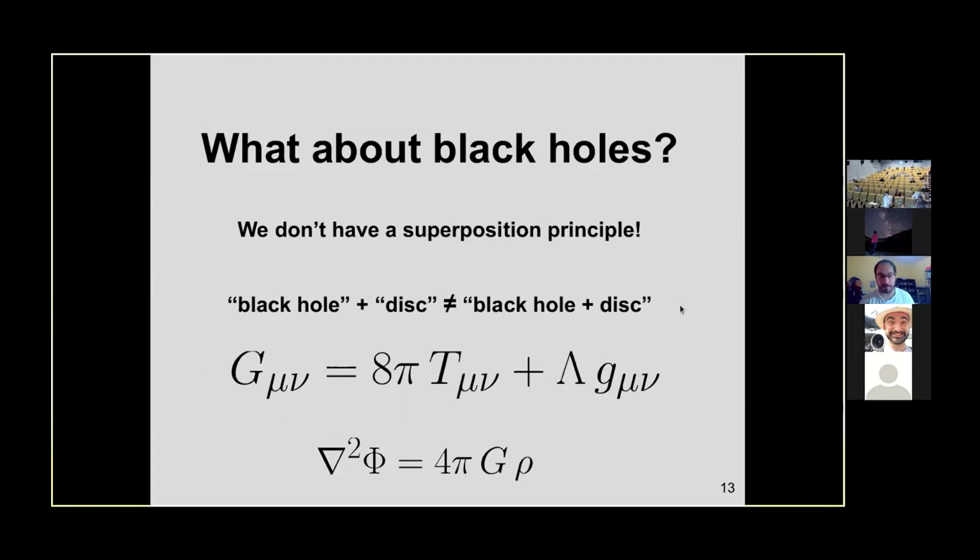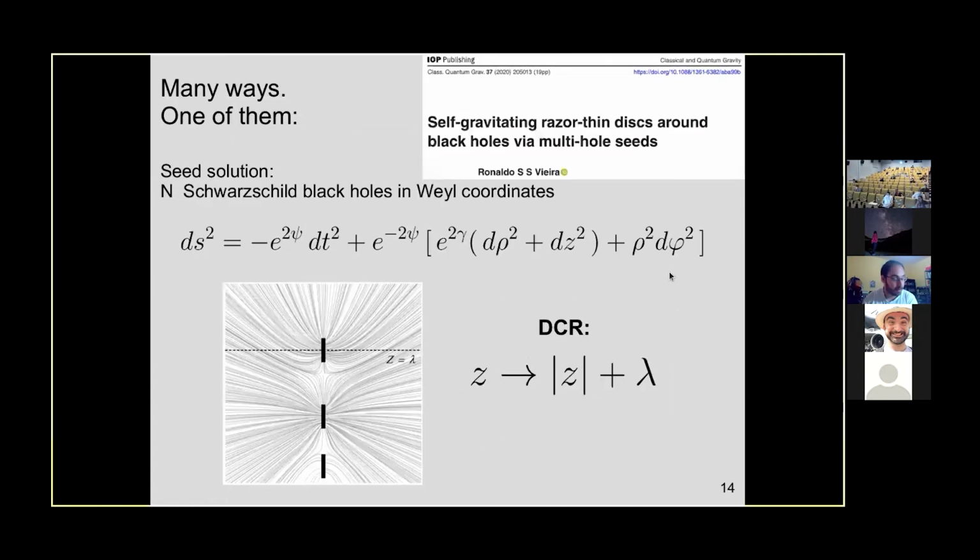It is not so simple as in Newtonian gravity. And there are many ways to do it. Many ways. And I will talk about one of them, which is the displace, cut, and reflect method that I showed. So I'll be talking mainly about this work.